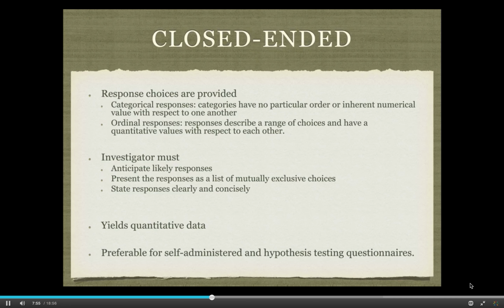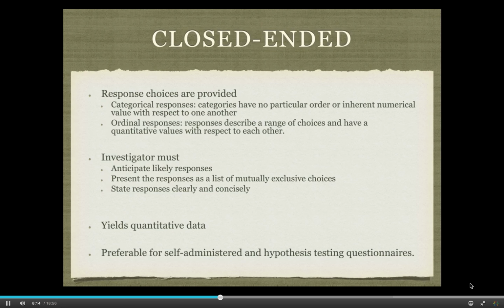When you do close-ended questions in your questionnaire, as a researcher, you should anticipate likely responses. You should also present the responses as a list of mutually exclusive choices and state the responses clearly and concisely.